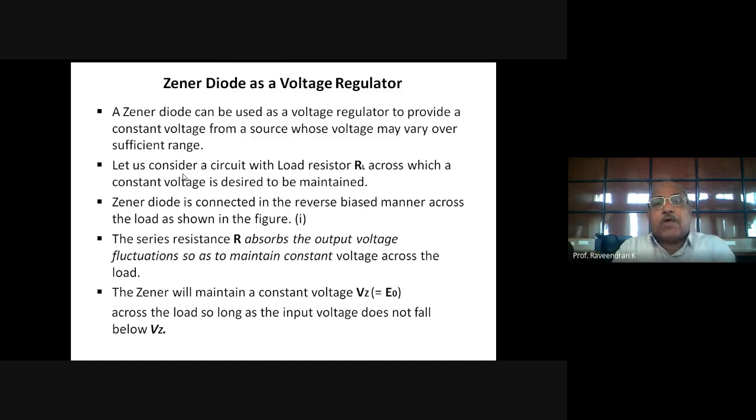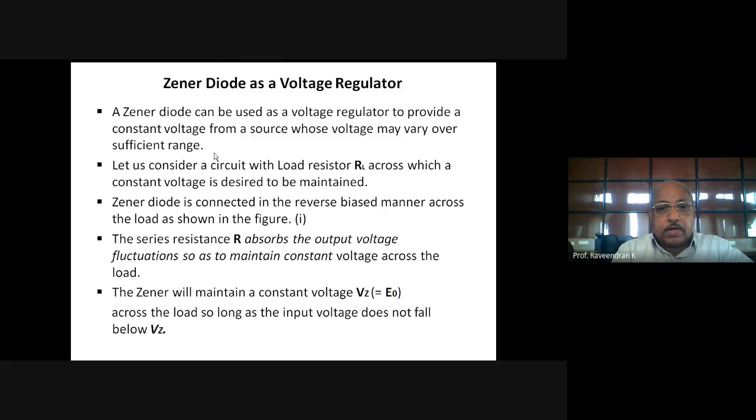Now, how can a Zener diode be used as a voltage regulator? That's what we are going to discuss. A Zener diode can be used as a voltage regulator to provide a constant voltage from a source whose voltage may vary over a sufficient range. Now, let us consider a circuit with a load resistor RL.